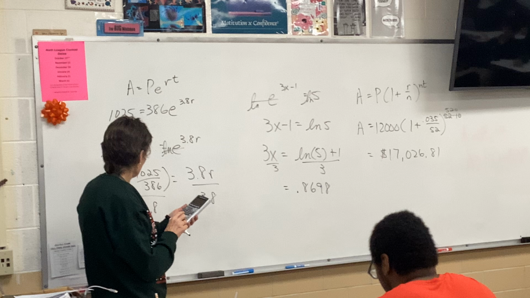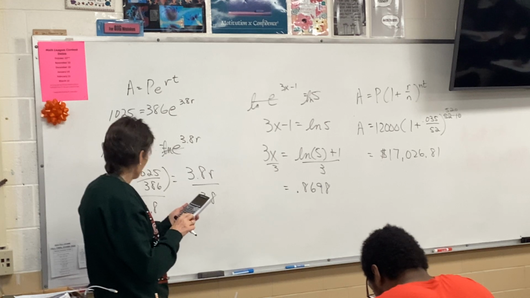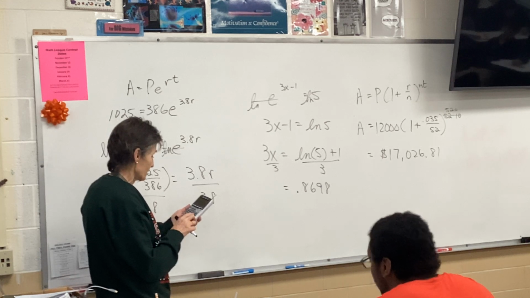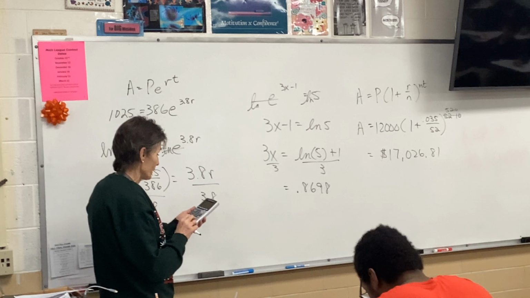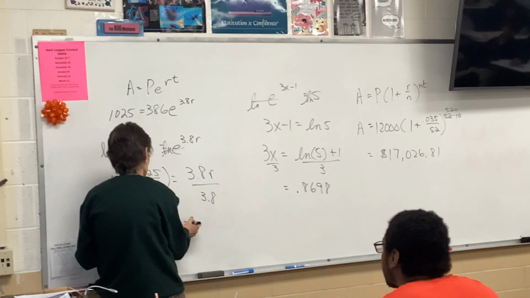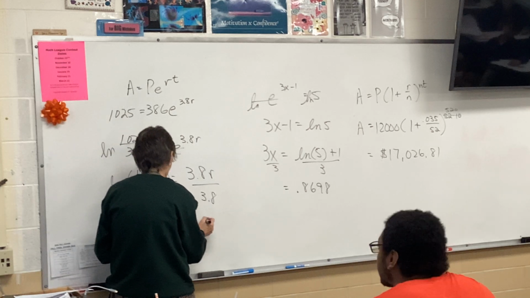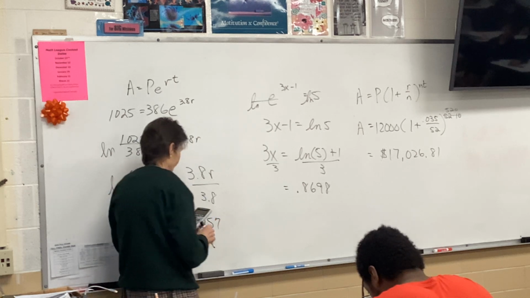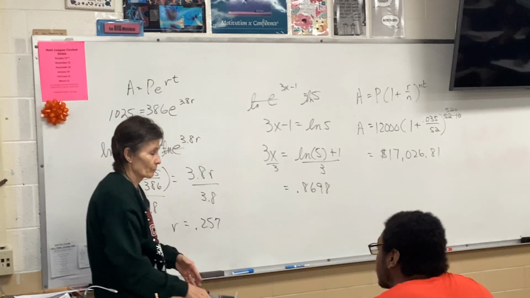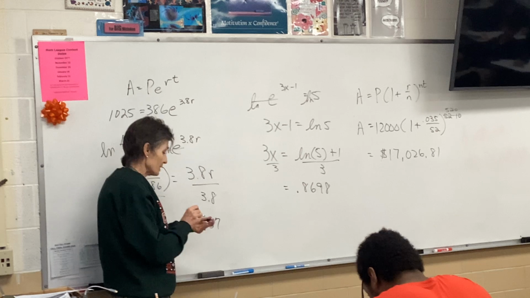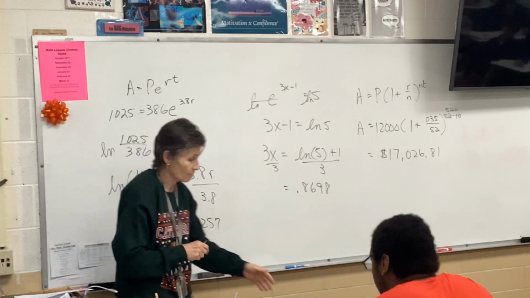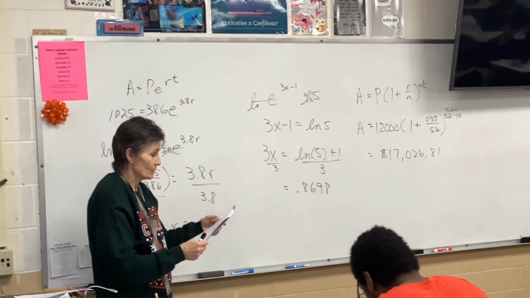So ln of 1025 divided by 386, divided by 3.8. You should get 0.257. And that is the growth constant. So that's perfectly okay. Just leave it just like that.